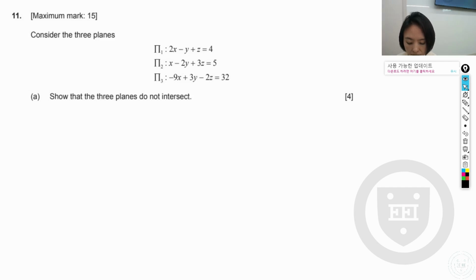If all three planes intersect, then they must meet at a single point. Then the system should have one consistent solution. So let's try eliminating variables and see what happens. First, I will combine pi1 and pi2 to eliminate y.